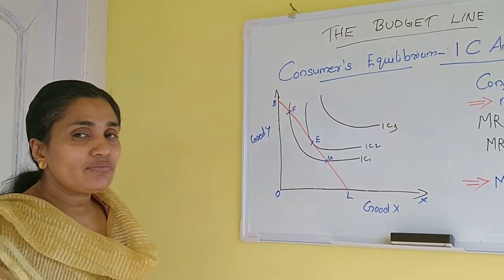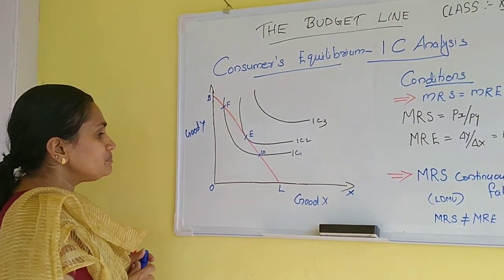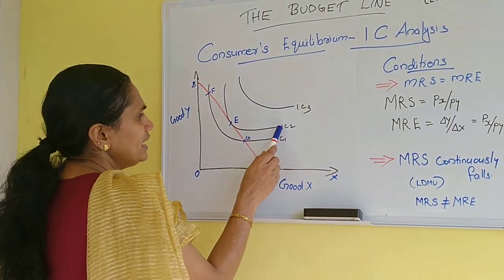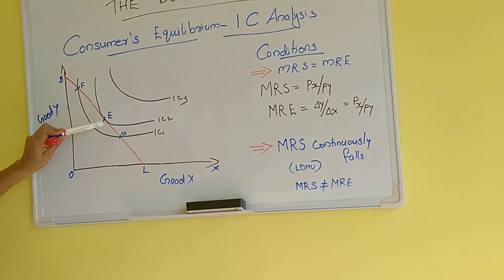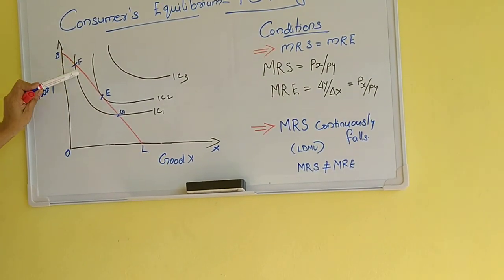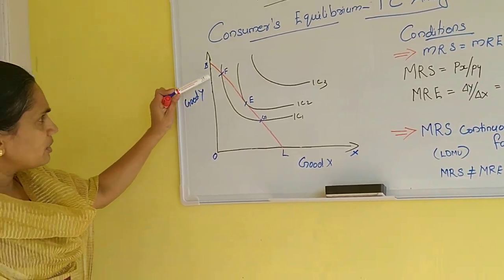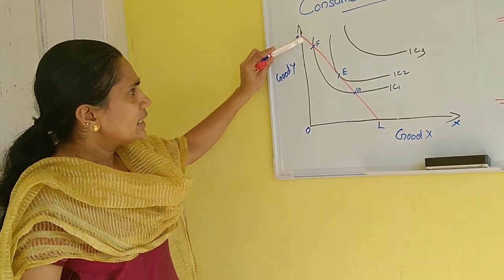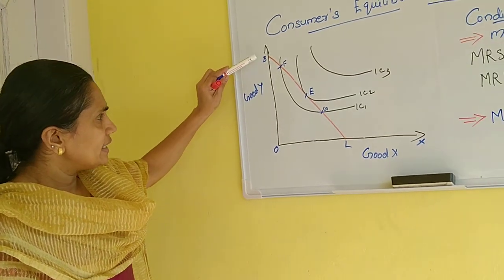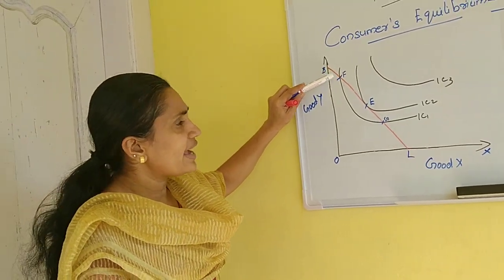So the point where the budget line intersects the indifference curve. Here we can see 3 points G, E, F or E, F, G. What is the difference between these three combinations? Here we can see that this is a point where the indifference curve and budget line intersect.